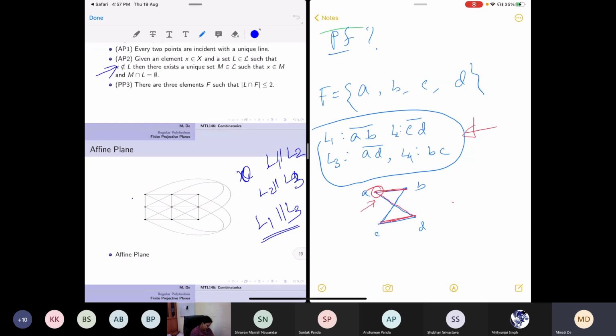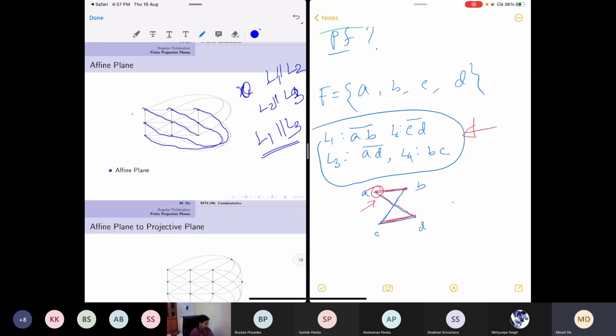So, for example, if you consider this line and this line and this line, they are parallel to each other, right? So in this way, you are getting some class. So, can you prove that this parallel relationship is basically an equivalence relation?